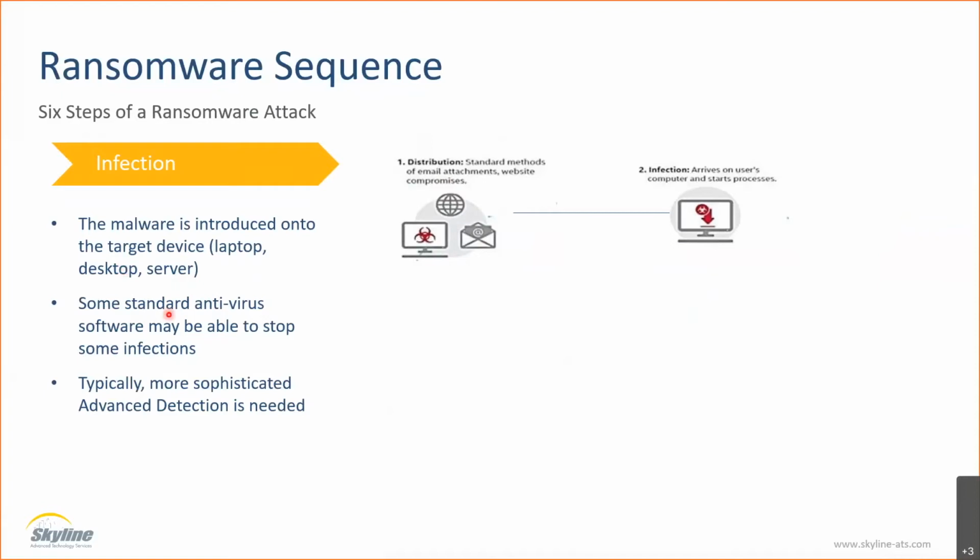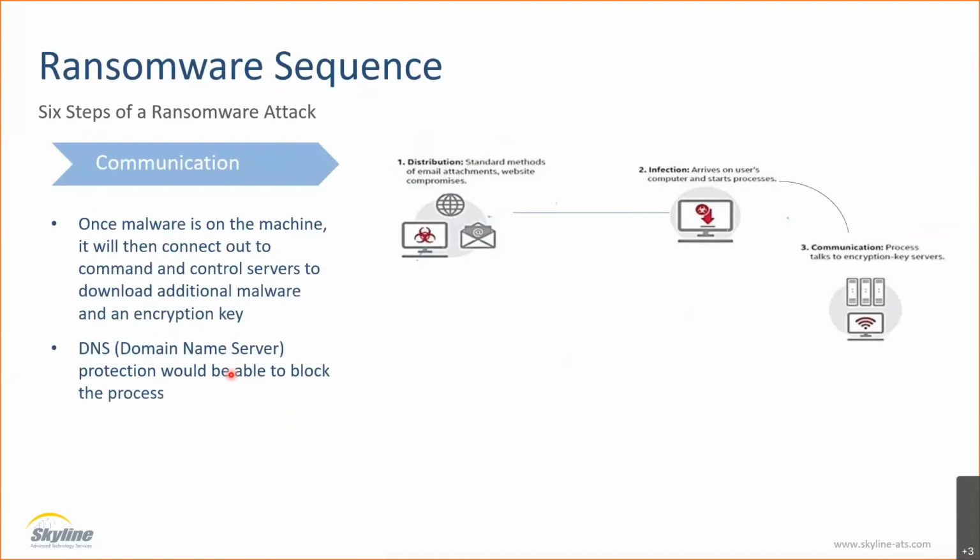And most of the time the answer is yes. That's why we need some type of sophisticated, advanced detection, extended detection and response software, something that is able to dynamically assess the nature of a particular file and whether or not it is malware.